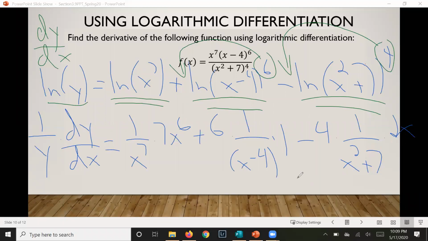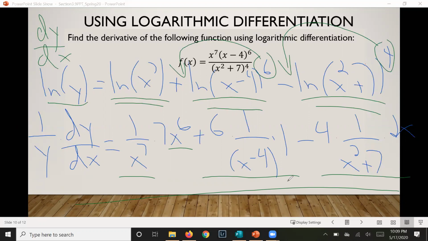And all of this stuff over here on the right-hand side, there's a little bit of simplifying that can be done. We can cross out some x's here. This can all be combined with the 6 times 1 over x minus 4 times 1, and then similarly here with this third term.